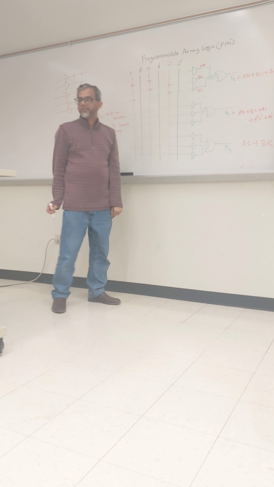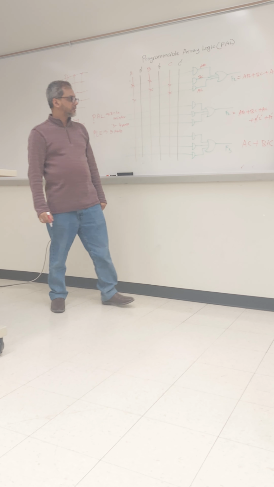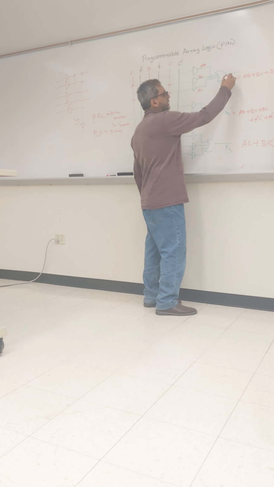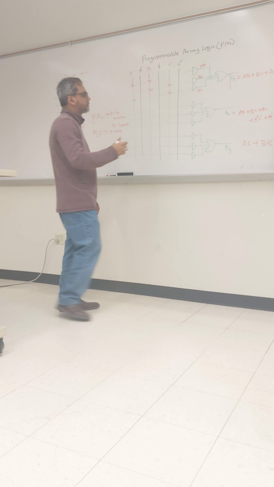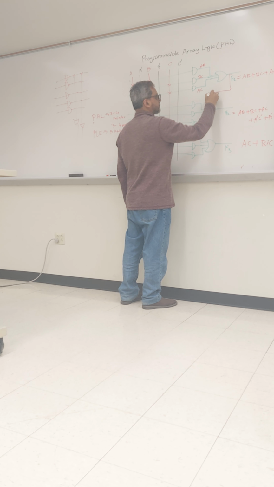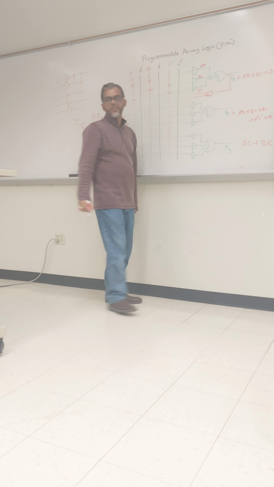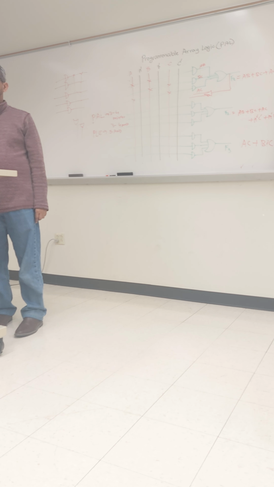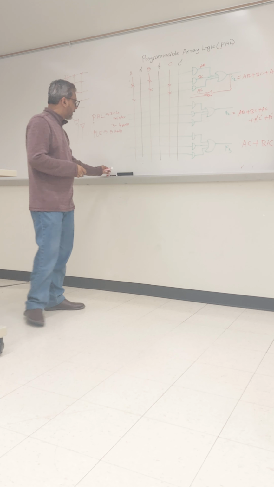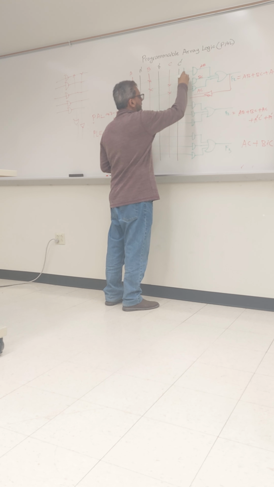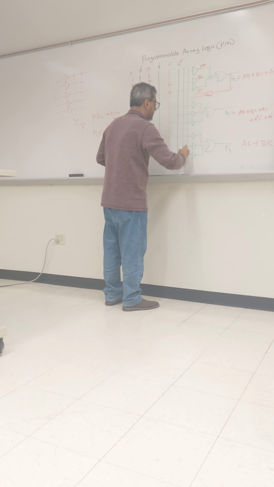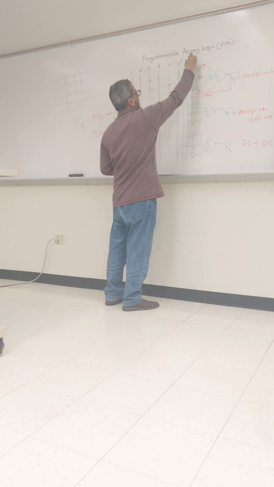Now what we can do here is take this output and give it to the feedback path with a buffer circuit. In that case, we should have another line like this, known as F and F1.